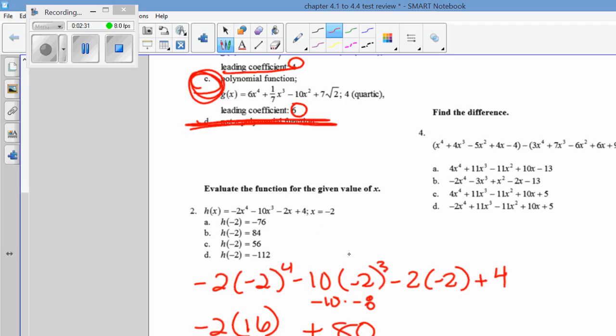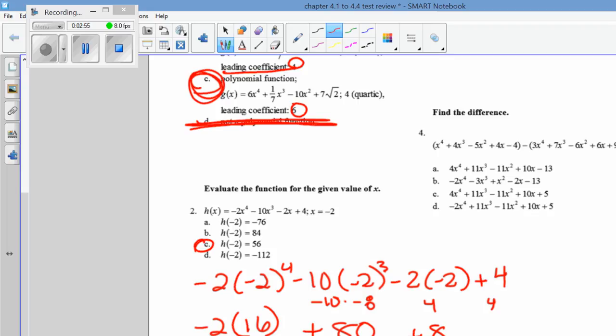And then a negative 2 and a negative 2 make a 4, and then here's a 4, so we've got plus 8. Negative 2 with the 16 makes a negative 32. Here's 88. So just go ahead and do negative 32 plus 88, and that's 56. So there's C. You could also just plug it straight into your calculator.